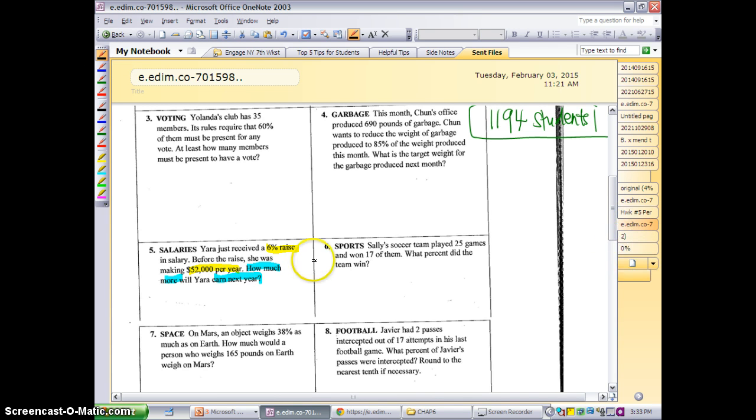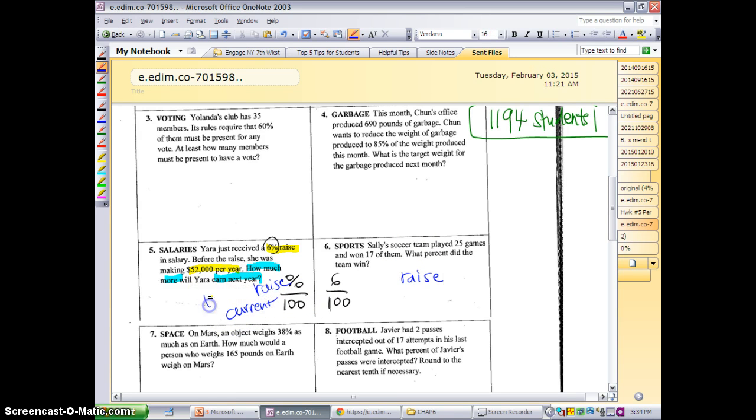So let's set up the two ratios. The first ratio is going to be the percent over 100. That should be very simple because 6%, I'm just going to write 6 over 100. The second ratio that I'm going to write, now the 6 represents the percent of her raise. So then I want to figure out what her raise is, and then the 100% is her current.